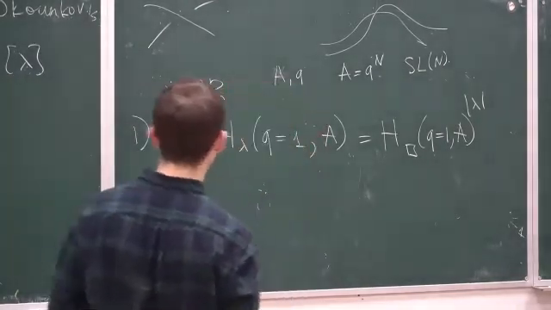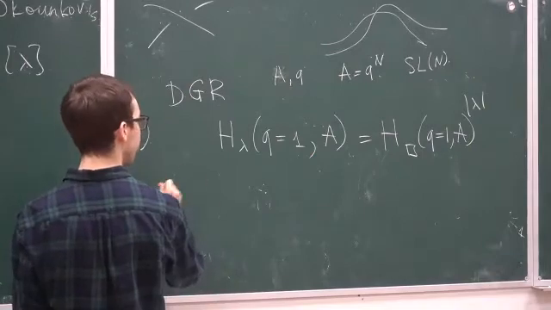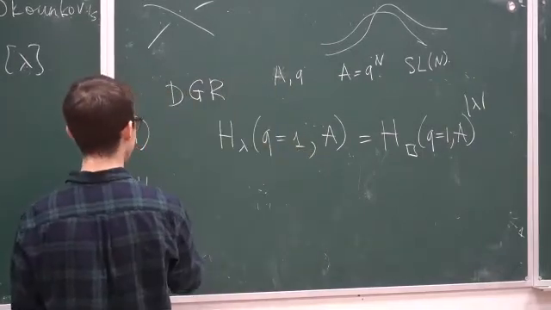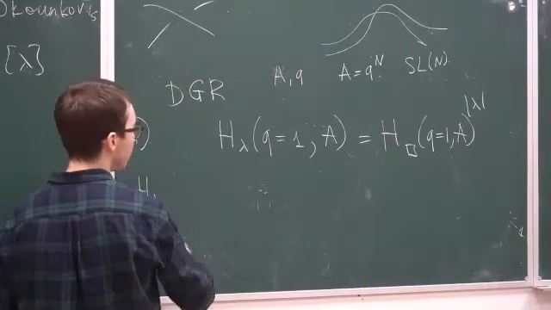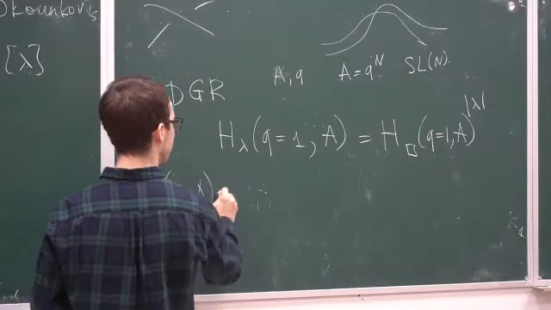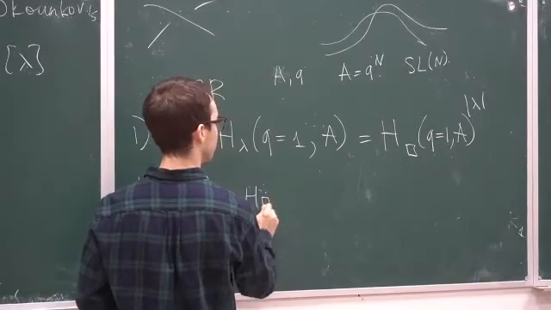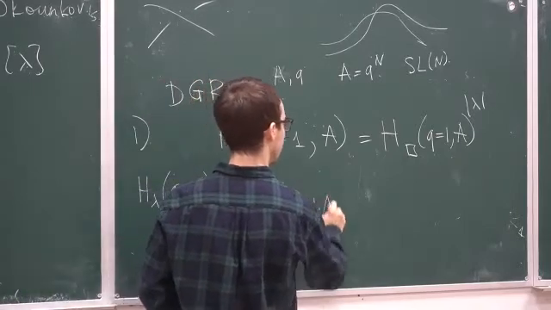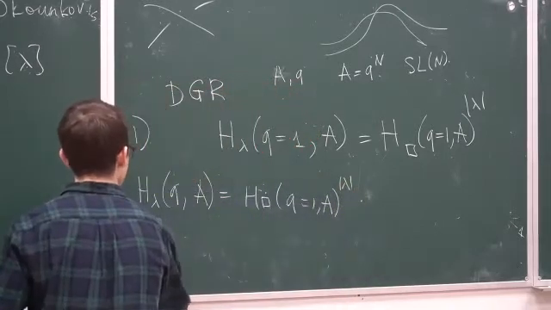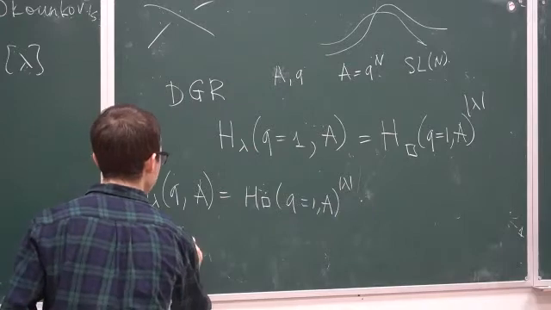And more generally, if we consider just the expansion of this polynomial when Q is arbitrary, H_lambda of any Q and A is this times an expansion in, so Q is equal to exponent of h bar.